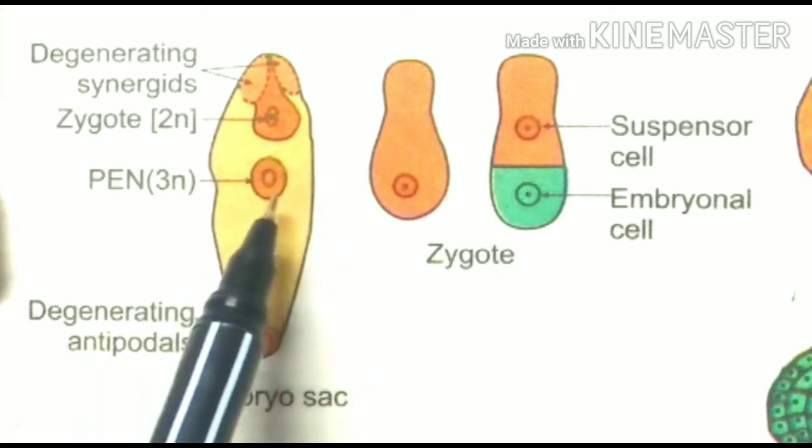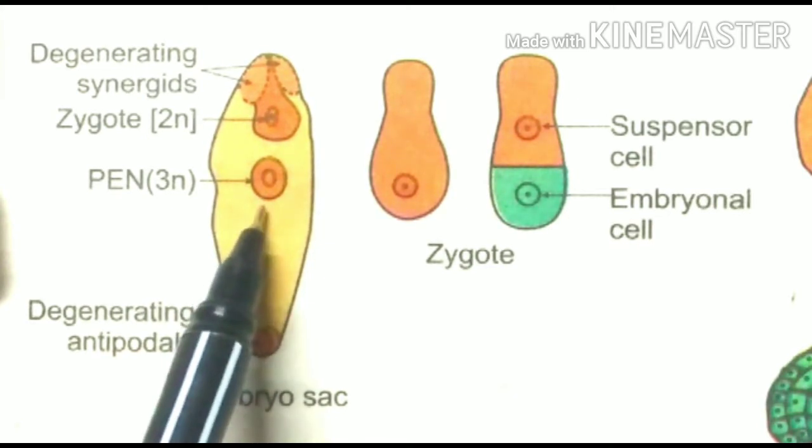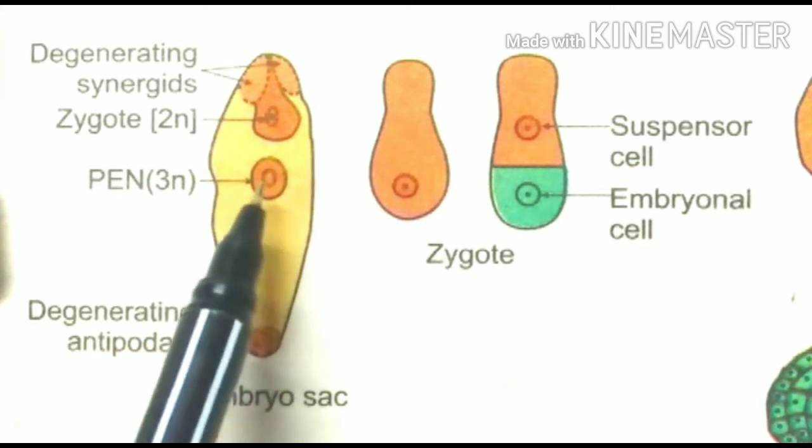Then development of the endosperm and zygote takes place simultaneously. Endosperm is triploid. Its function is to provide nourishment or nutrition to the developing zygote.